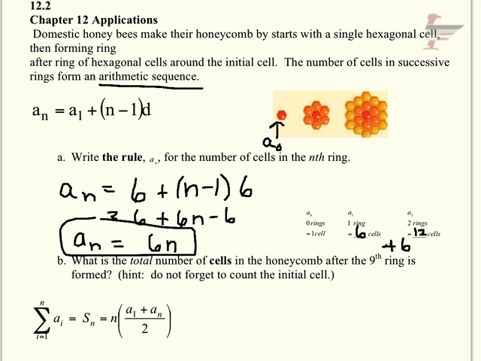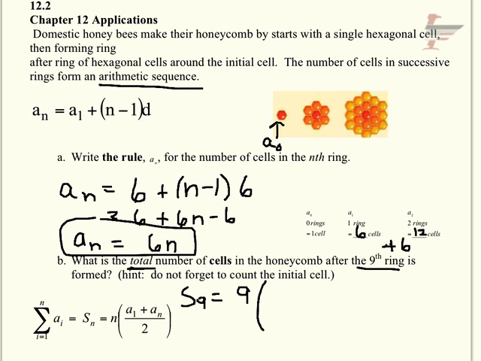Part B then says, what is the total number of cells in the honeycomb after the 9th ring is formed? And don't forget to count the initial cell, since that's technically not a part of our sequence. So now it's the sum because it's total, right? That's probably straightforward. So I can find the total after 9 rings, so that means n is 9.